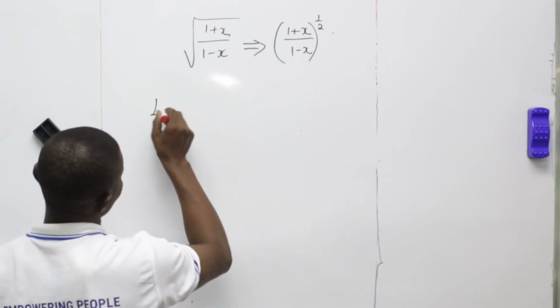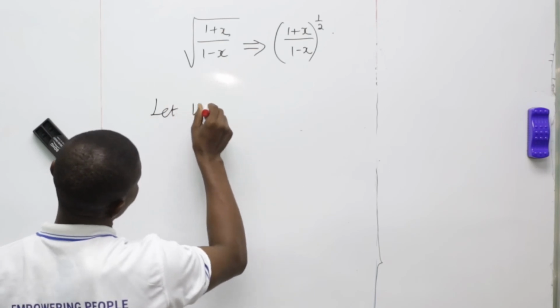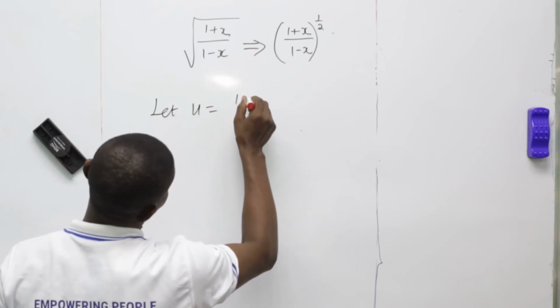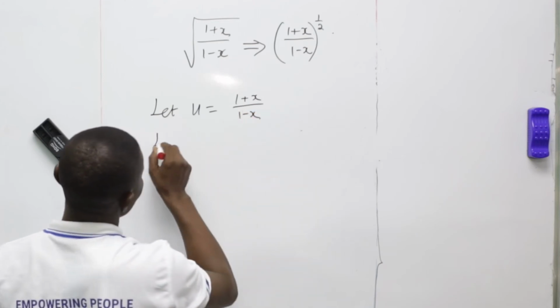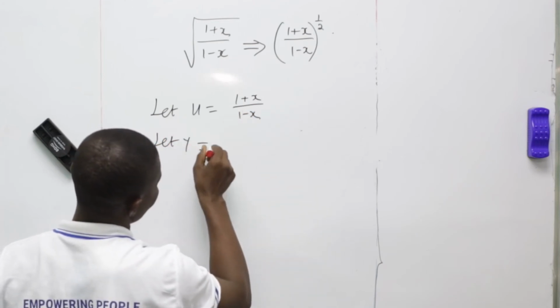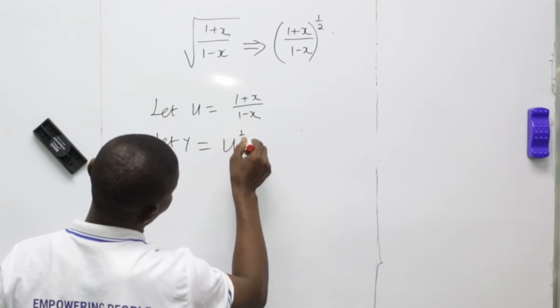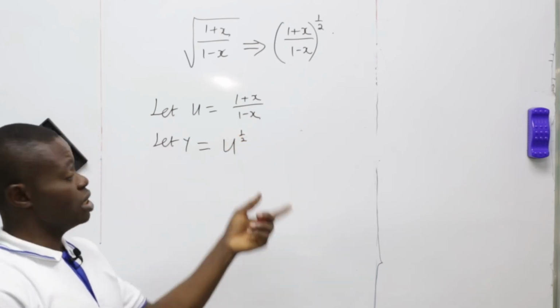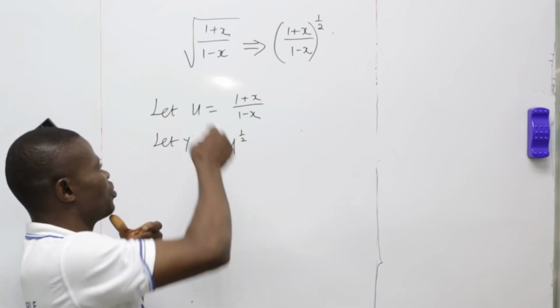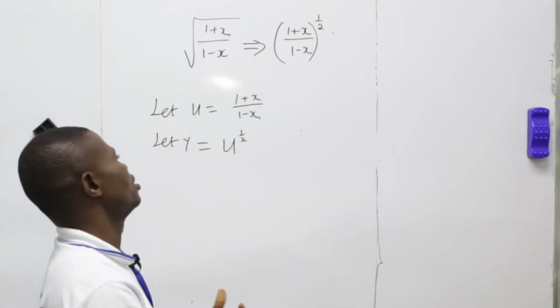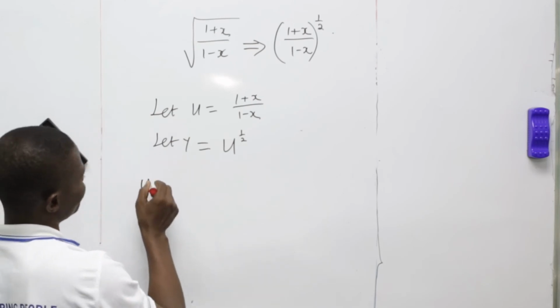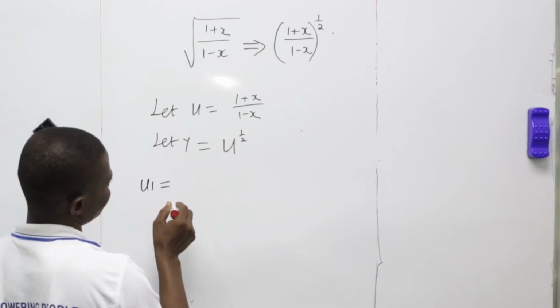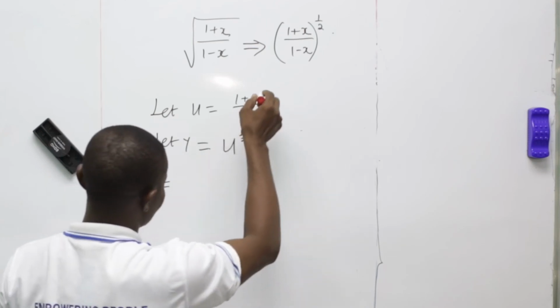So let u equal the internal one, the one in the bracket. Let y equal u to the power half. So what are we going to do? We have u, which is complex already, so we are going to create a new u, calling it u1.